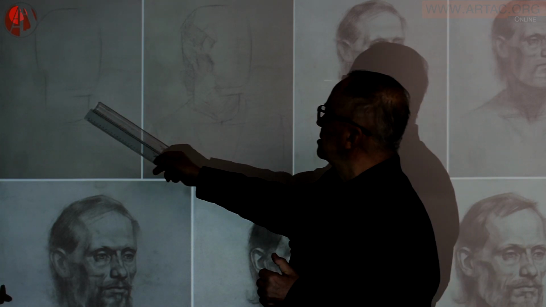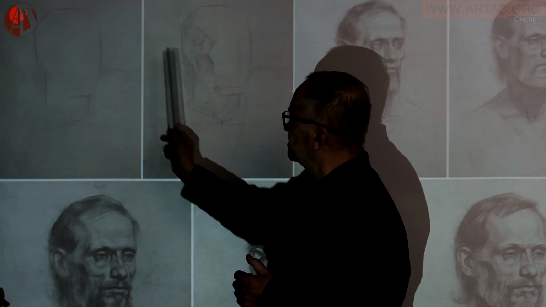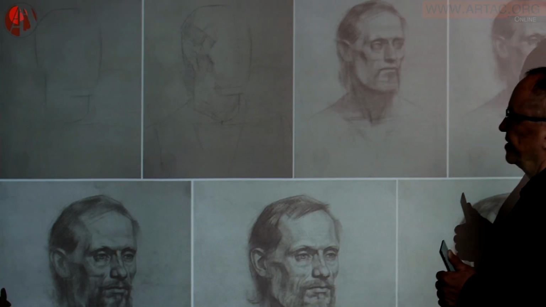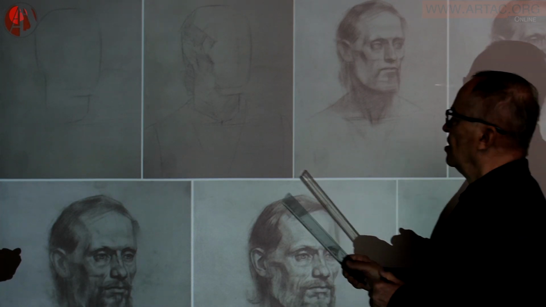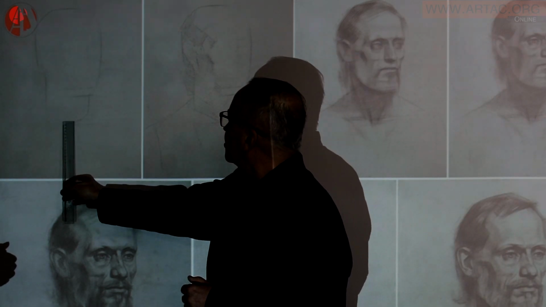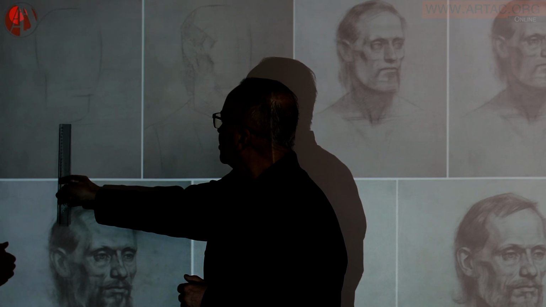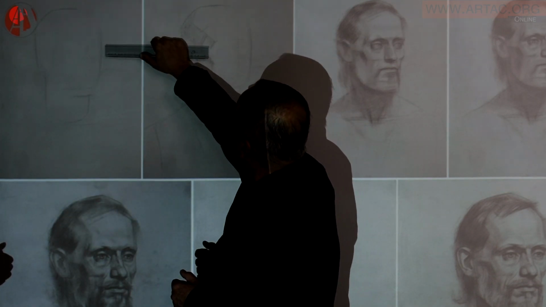And it's also important that the shoulders would connect well to the neck as much as the neck connects well to the head.